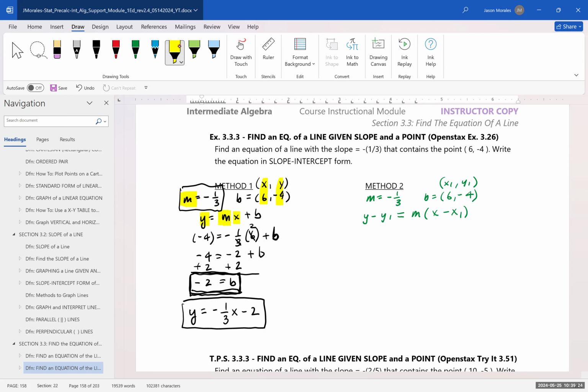We take our known value of slope and put it here, and x1 and y1 there. So we have y minus y1, which is -4, equal to m, which is -1/3, times x minus x1, which is 6.